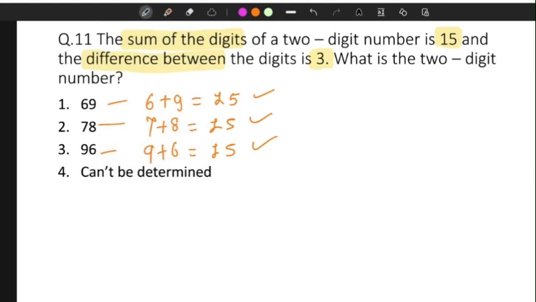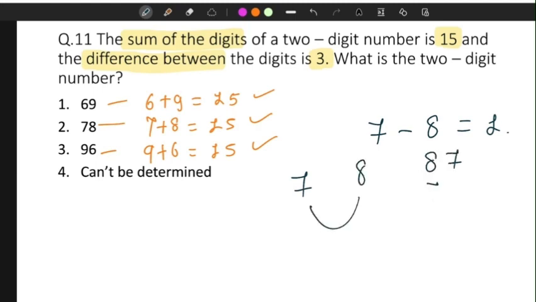So here we have to understand one thing before explaining this. This is not the way where I should explain the definition of difference. Here difference doesn't mean that 7 minus 8 means 1. Difference basically means how much gap there is between the two numbers. The number can be 87, the number can be 78.